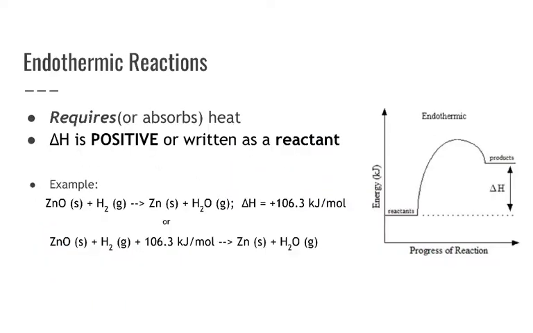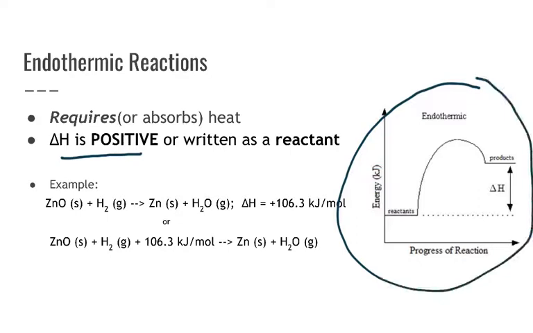Going back to endothermic and exothermic reactions, delta H will be positive, or written as a reactant, if it is endothermic. If you look at this graph, there's an example. Notice where the reactants start and where the products end: the delta H is positive. The energy went up. Mathematically, let's call this 5 and this 25.